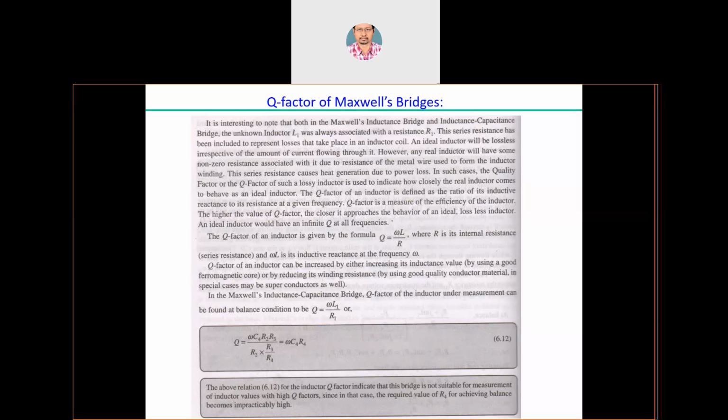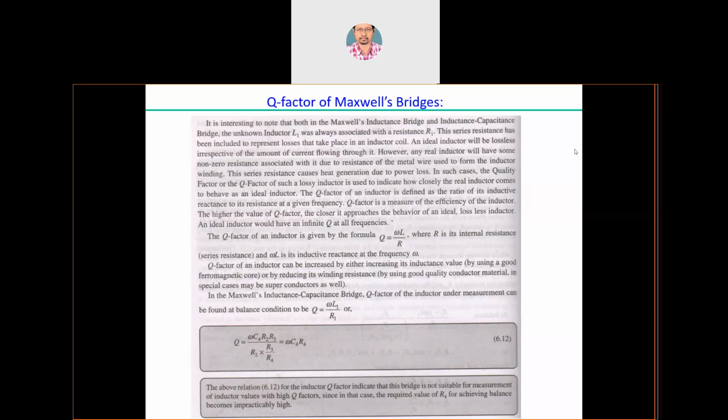To increase the value of Q factor, which ideally we should achieve, you need a very high capacity resistance, which is impractical to apply, because if you increase the size of the resistance, your measuring device size, that means the bridge size, is going to increase. This bridge you are using for measurement of unknown inductance, so the size is going to be very bulky, and impractical for transportation, particularly when you talk about field measurement in a plant-like environment. So it is not suitable.